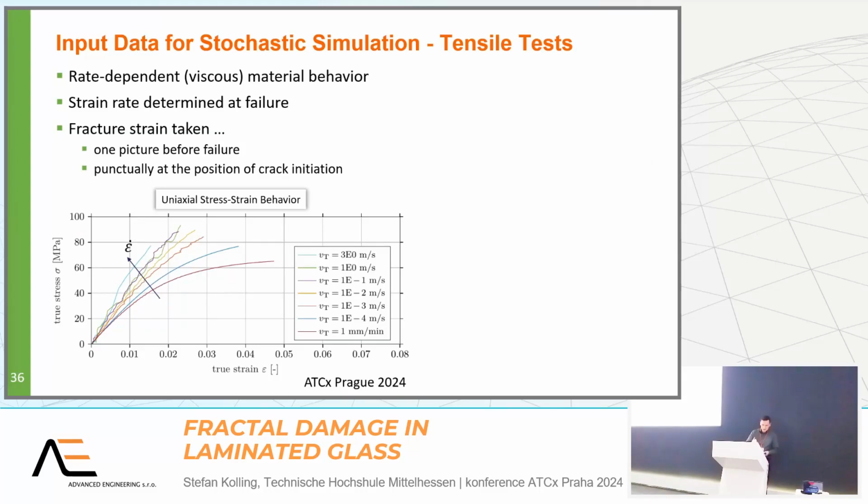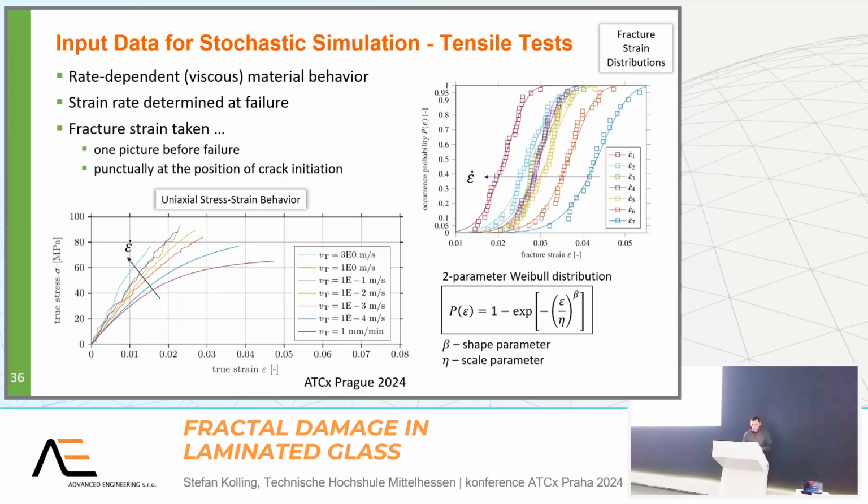With increasing strain rate, the stiffer is the response. Here it is collected in this probability plot over the fracture strain and fitted by a 2-parameter Weibull distribution.